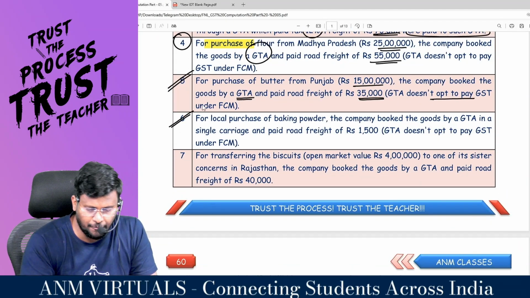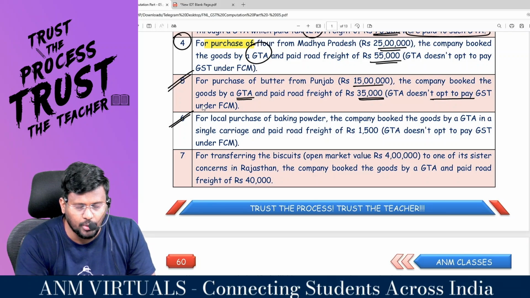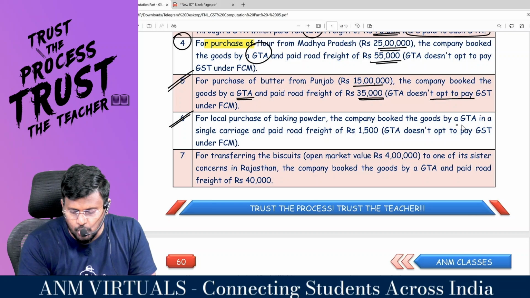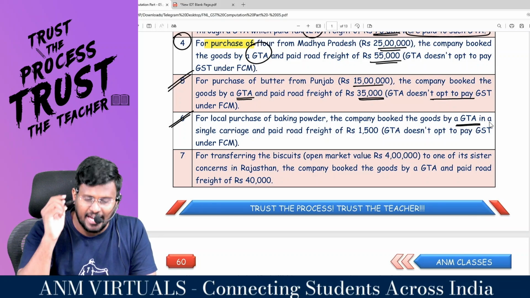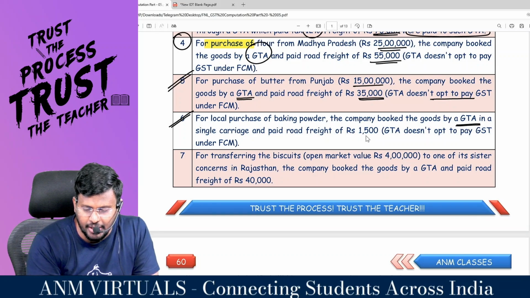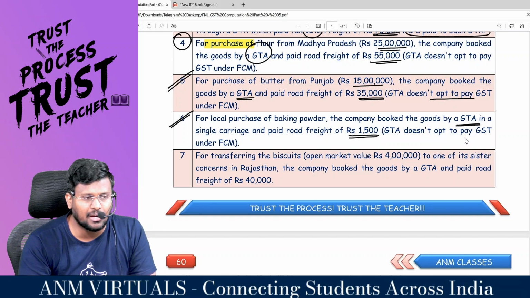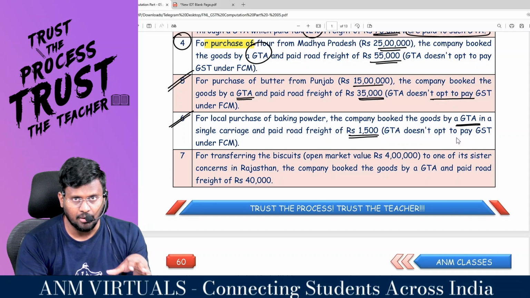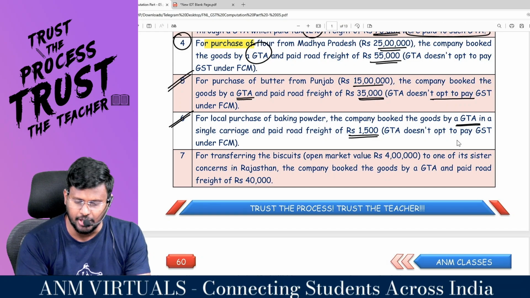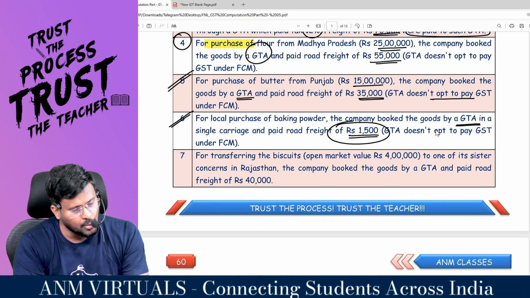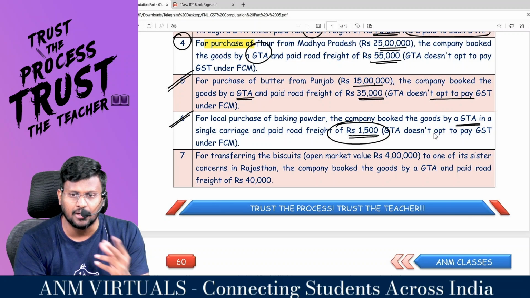For local purchase of baking powder, which is not agricultural produce, it is liable to what? GST. The company booked the goods by GTA in a single carriage and paid road freight of 1,500. GTA does not opt to pay GST under RCM. Now under the relevant provision for our examination, the 1,500 rupees limit is not applicable. Earlier there was a concept of 750 and 1,500.